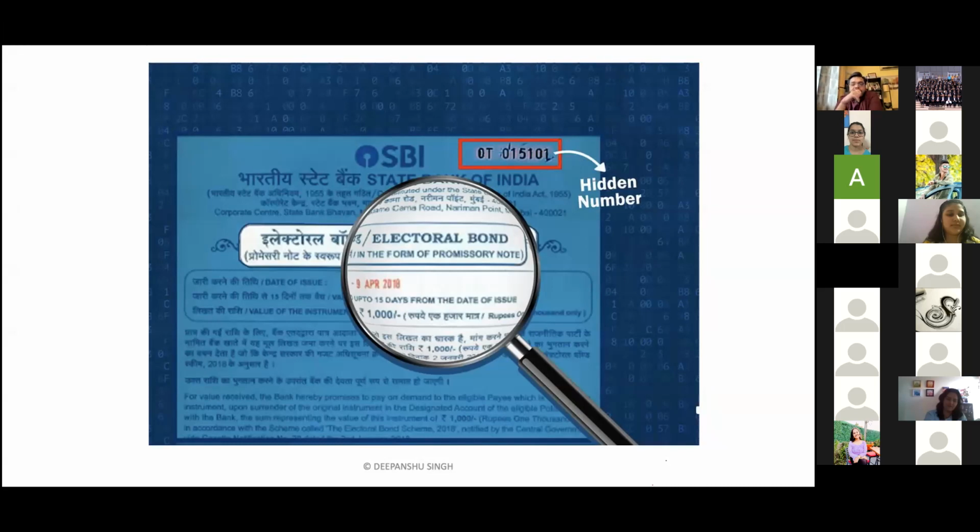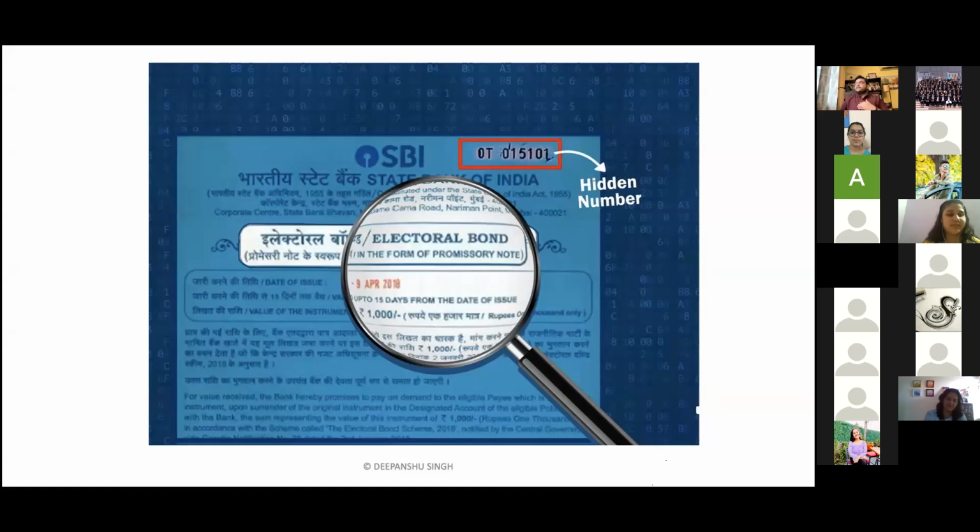But having said that, there is a unique number mentioned on the bond. This unique number is known by the RBI and by the SBI. Considering that, a lot of questions have been raised about whether this unique number can lead to knowing which person has donated through an electoral bond to a certain political party. So there have been concerns about the anonymity.